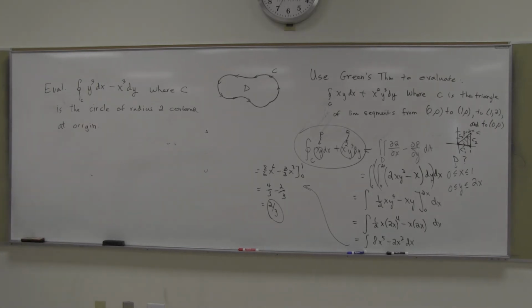Okay, fairly simple. C there. So obviously that's closed. You got a circle. Radius 2. Okay, so again, I did say, use Green's theorem.